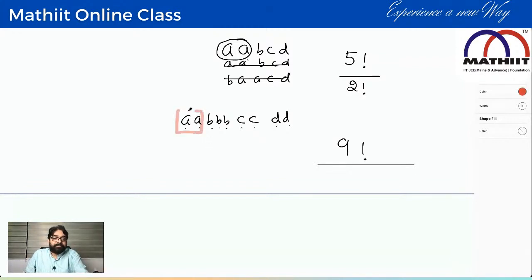A and A, so 2 factorial. B, 3 factorial, C, 2 factorial, and D, 2 factorial. This will be the answer. I hope it's clear to everybody.